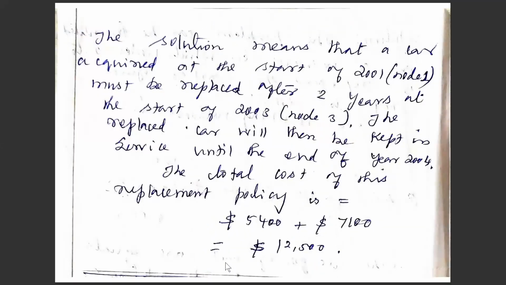So what is our solution to the replacement problem? The solution means that a car acquired at node 1, at the start of year 2001, must be replaced after 2 years, that is, at the start of 2003.